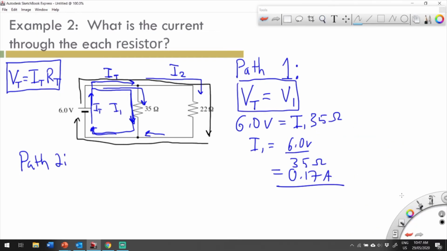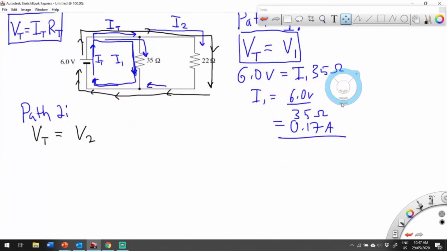Now in path 2, we can do the same thing. In path 2, the electrons have to travel through this component, and then they get back to the battery. So all the voltage of the battery is going to be delivered to that resistor. There's only one resistor in that path, so we can just write this down. And then we do the same calculation. 6 volts equals the current, I2, times the resistance of 22 ohms.